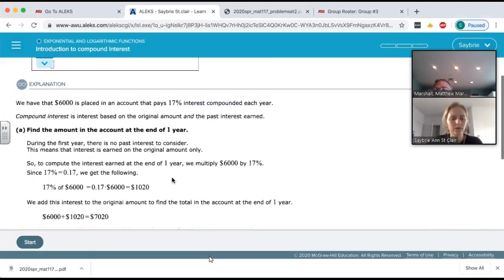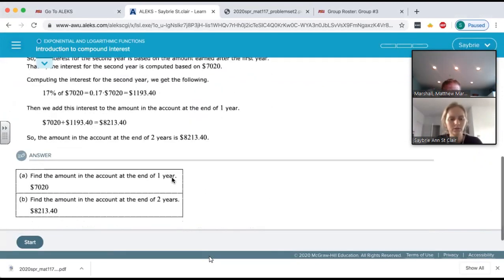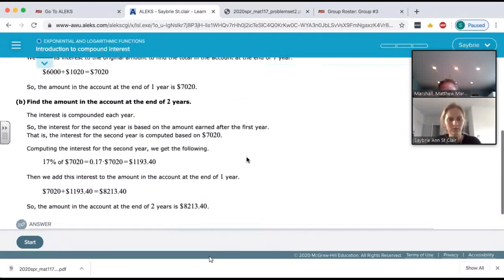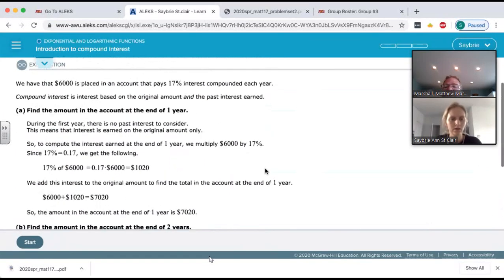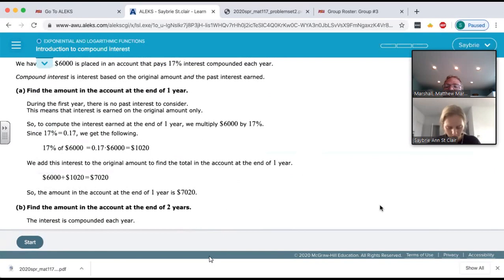Can you go to that middle part there? I didn't get a picture of that. That A part right there. Okay, so 1 year we just times by that, but then 2 years.